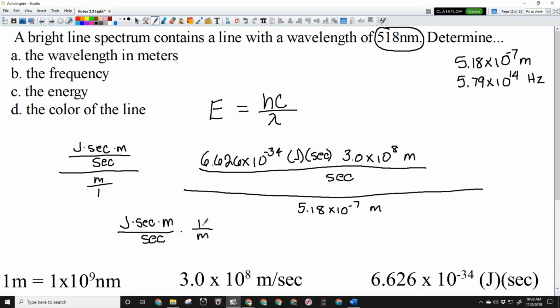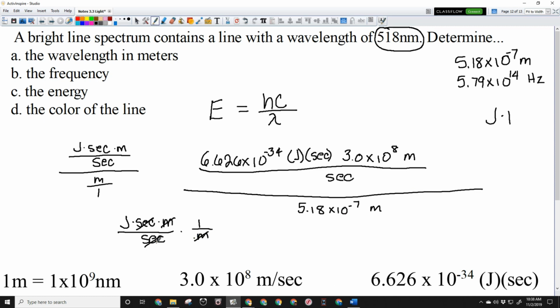And let's look at what I have and what I can cancel. All right, so we have seconds on top and seconds on bottom. That can cancel. We have meters on top and meters on bottom. That can cancel. Here's a 1, so we have joules times 1, which is what's left.